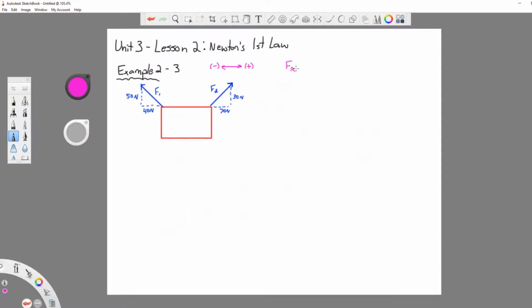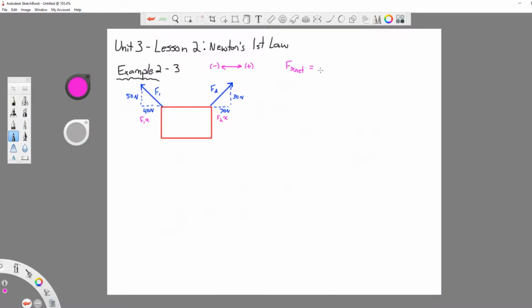Fx net. That's what I'm trying to say here. Force x net, or force net x. Fx net is going to equal the sum of all the x forces, right? We can say this is force 1x, this one here is force 2x. So let's plug them together.